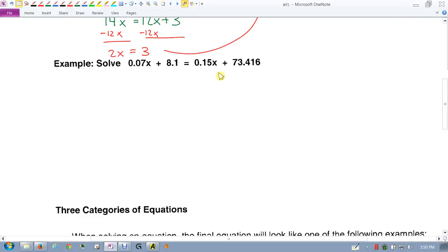Like if you have 0.4, and you multiply it by 10, well, 0.4 is the same as 4/10. If I take 4/10 and multiply it by 10, the 10s cancel, I just get 4. So multiplying 0.4 by 10 moves the decimal point to the right once.